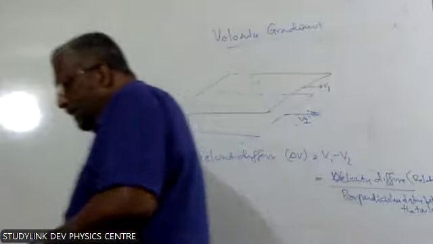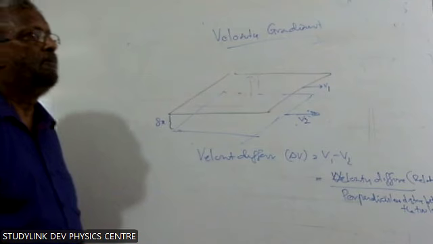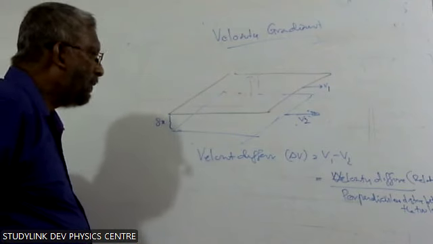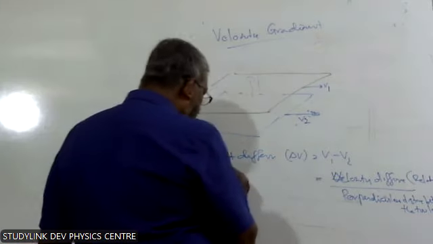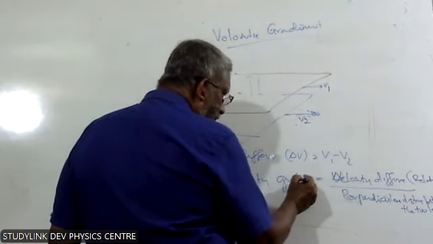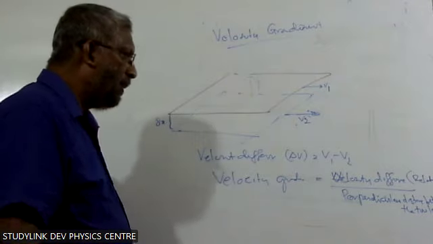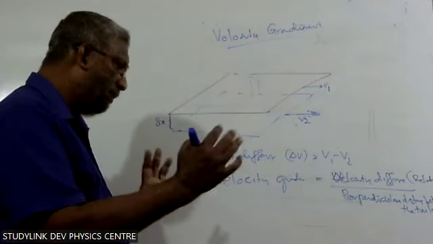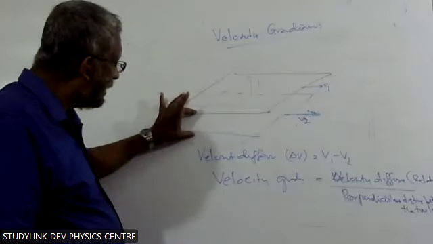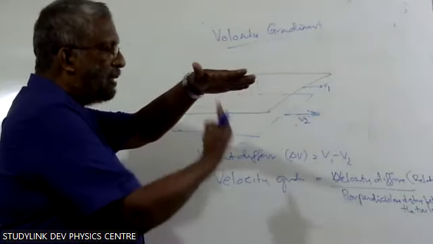Velocity difference is actually considered when they are moving in the same direction, otherwise relative velocity. Then write: velocity gradient is the ratio between velocity difference, within brackets relative velocity, and perpendicular distance between the two laminae. It should be perpendicular distance.